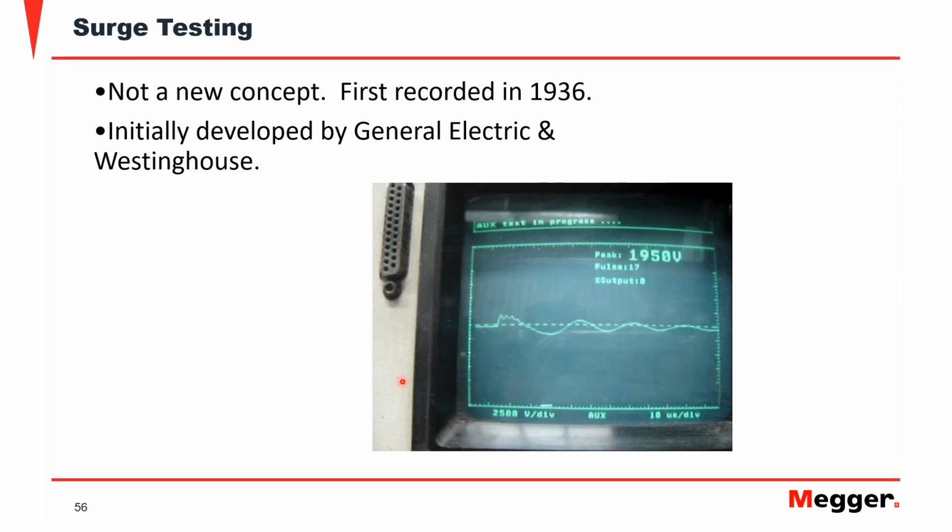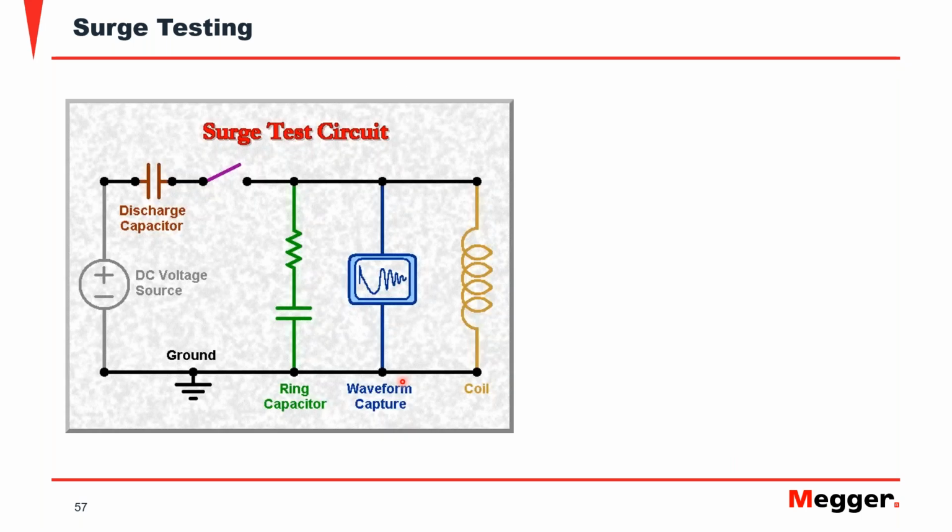Now, for surge testing, this is the last test that we're going to discuss today. Surge testing is the type of test that you do to check the turn-to-turn insulation on the machine. Now, the test circuit used is here. The coil will represent the machine that we are testing.